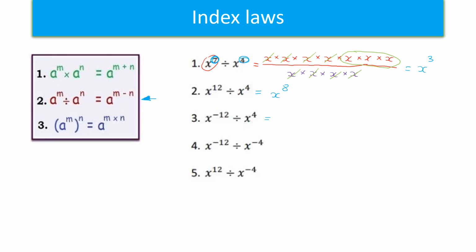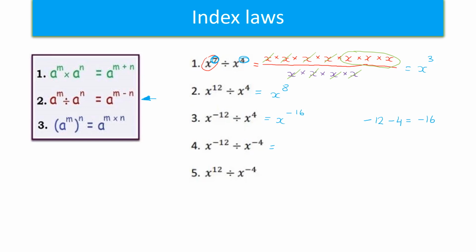In the next one, x to the power of negative 12 divided by x to the power of 4. We take away the powers, so it's x to the power of negative 16. Remember, negative 12 take away 4 is negative 16. In the next one, x to the power of negative 12 divided by x to the power of negative 4.